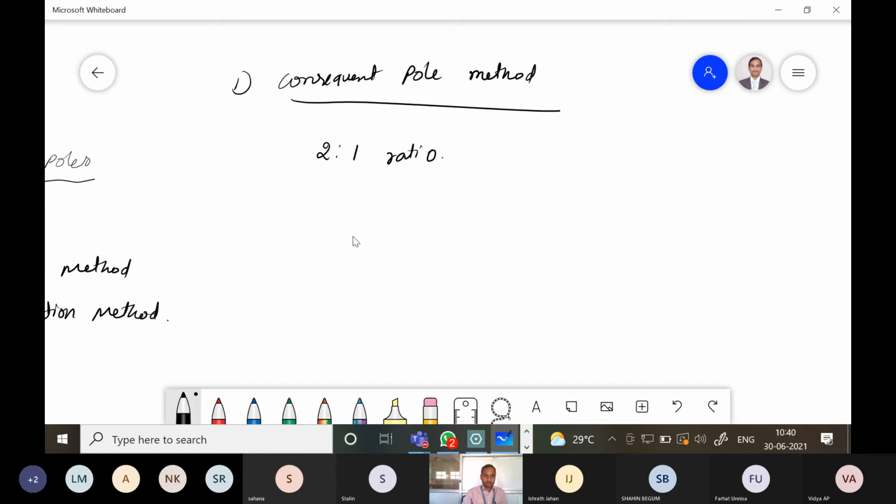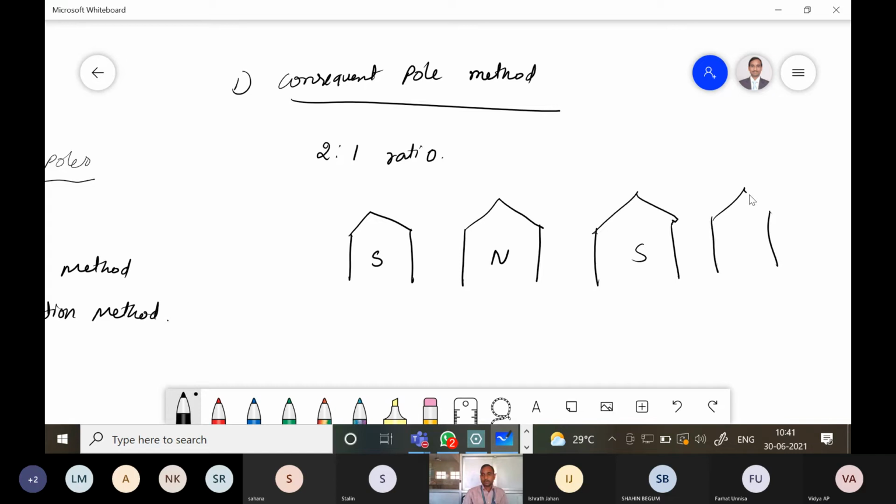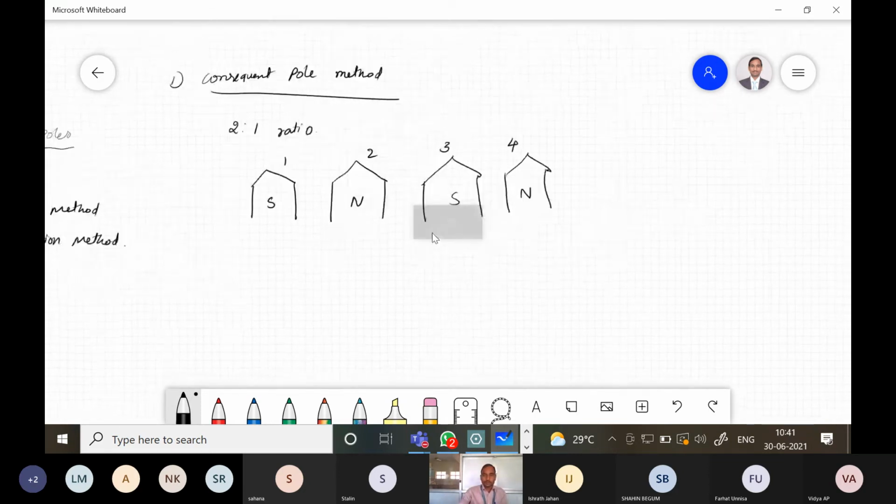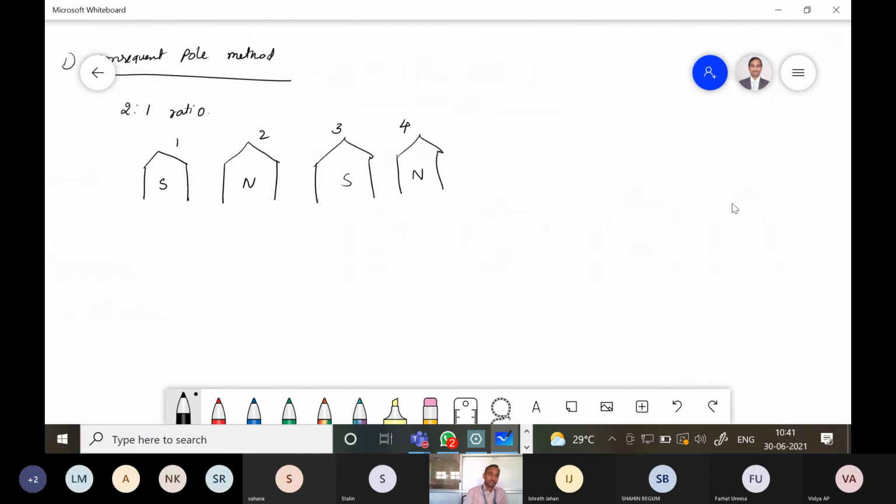For example, suppose this is the S pole, this is N pole, S pole, N pole. There are four poles, pole number 1, 2, 3 and 4. We can connect these poles in series and parallel fashion.